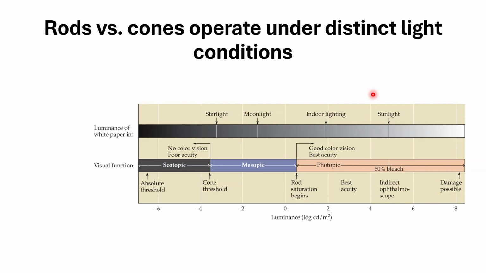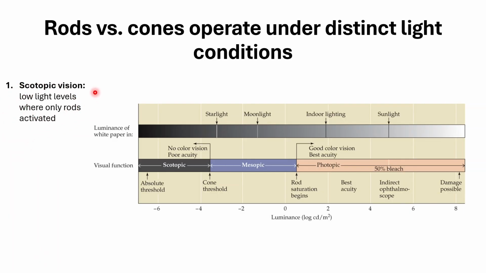So some of the sensitivity to intensity of light we're going to be going over here. The way we talk about intensity of light, we refer to that as luminance, and this is essentially a log scale. A log scale means it's a power of 10. So we're talking about a wide range of intensity here, even though we're going from -6, -4, -2. It's actually a wide range of numbers of photons. The first kind of vision we can talk about is scotopic vision.